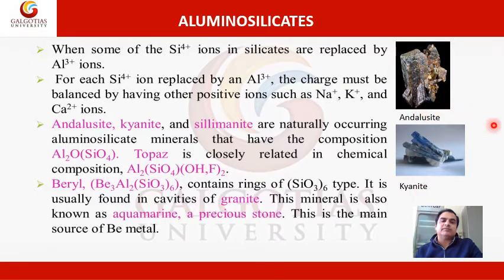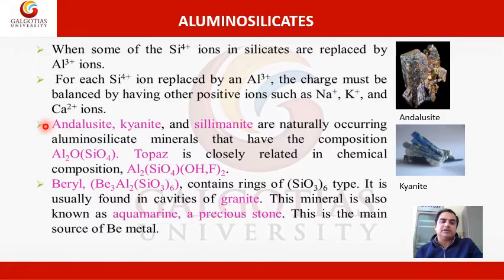When some of the Si4+ ions in the silicates are replaced by Al3+ ions, for each Si4+ ion replaced by Al3+, the charge must be balanced by other positive ions like Na+, K+, and Ca2+ ions.